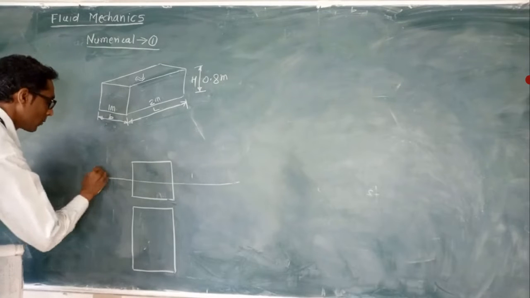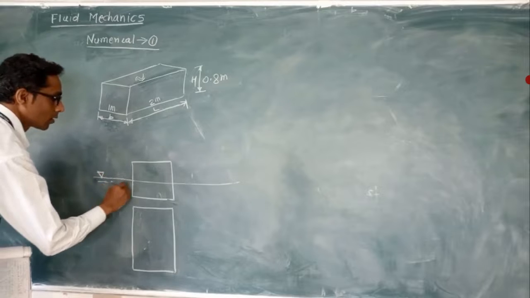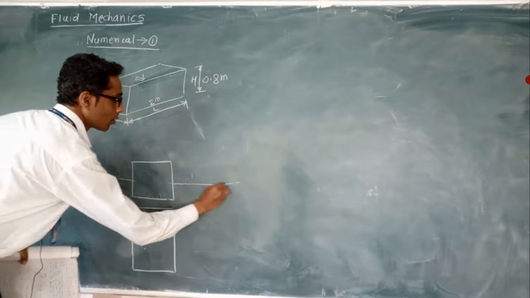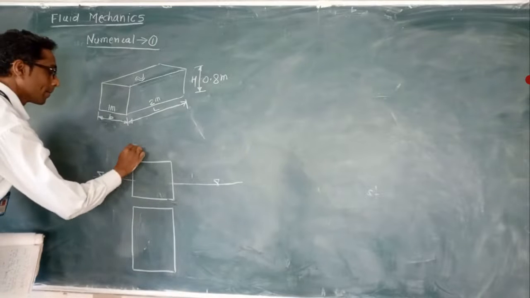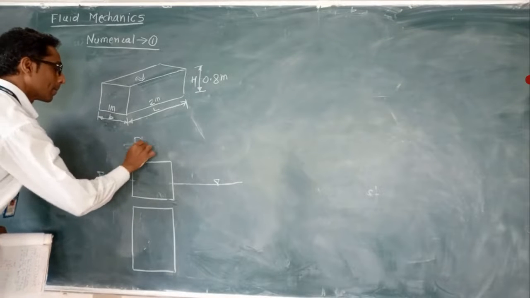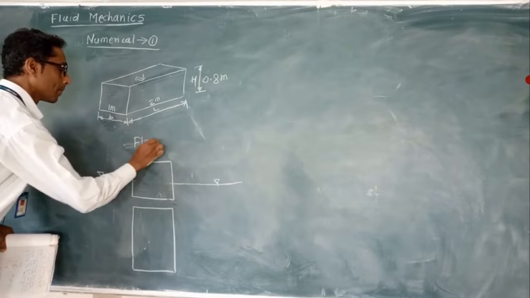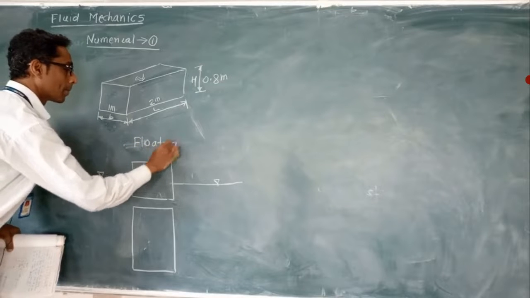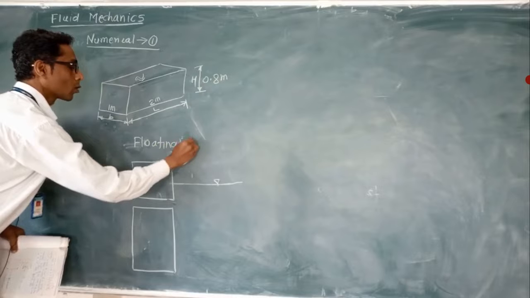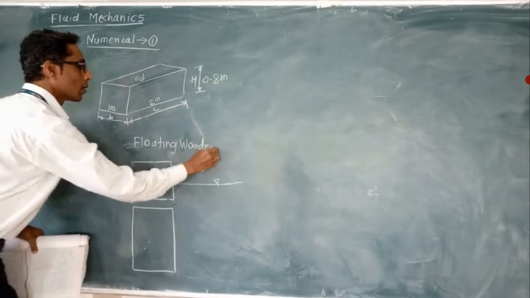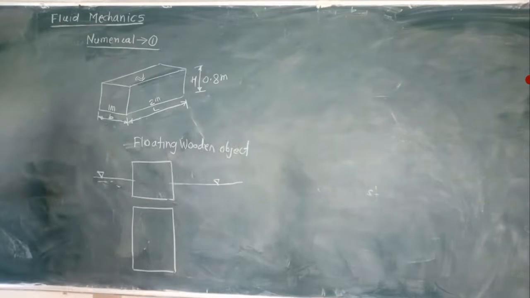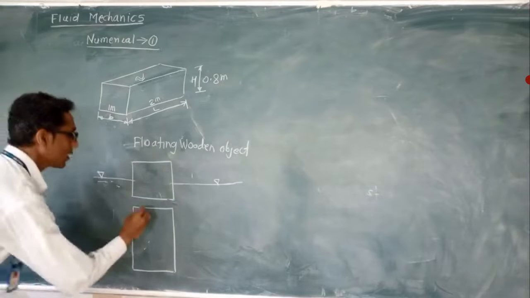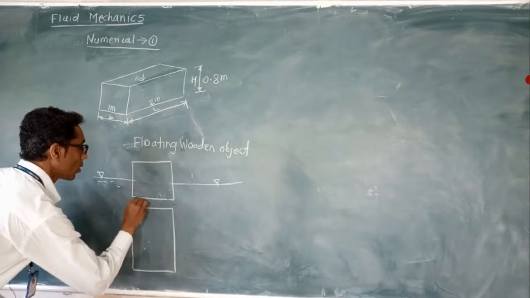Okay, so this is a free water surface. Okay, this is a floating body. Wooden body or wooden block, wooden object, and its dimension that we have to take as what? 1 meter.